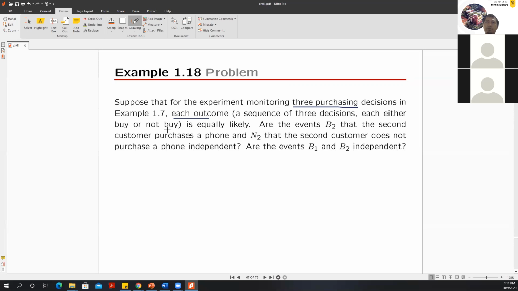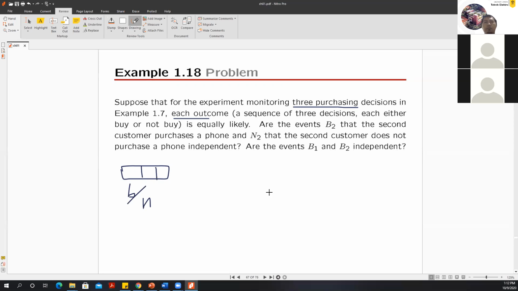So we have to identify at least 3 boxes here, whether someone purchases, buy or not buy.